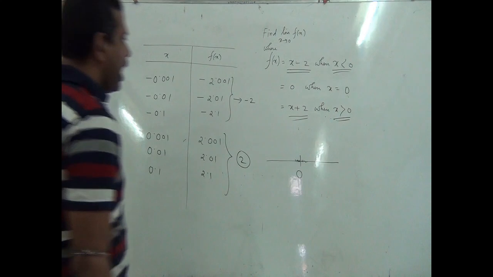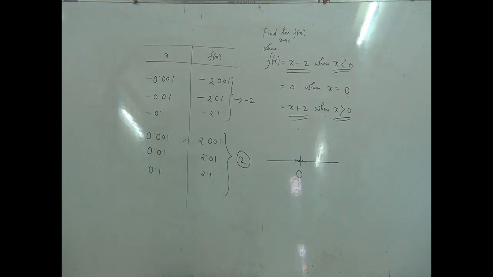But in the last problem, we found when x tends to 2, then x square tends to 4. When x tends to greater than 2, x square tends to 4, and when x tends to less than 2, also x square tends to 4. So our limiting value of x square is 4.